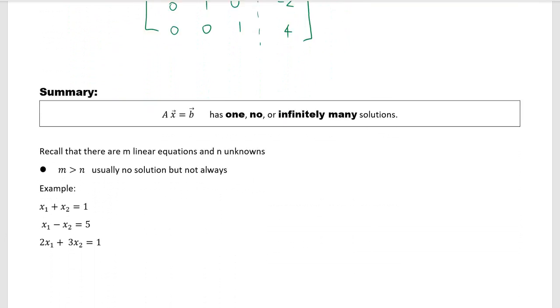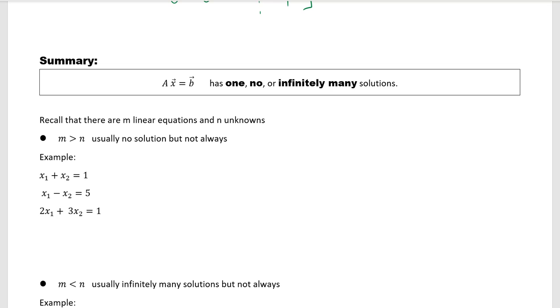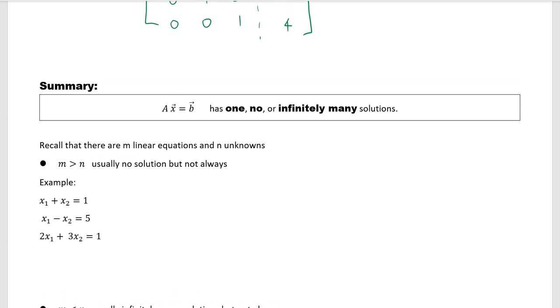Okay, let's continue. So, summary. The linear system AX equals B has one solution, or no solution, or infinitely many solutions. So we recall that there are m linear equations and n unknowns. Now let's talk about, because in the previous examples we had 3 equations and 3 unknowns, so it's like 3 planes in space.